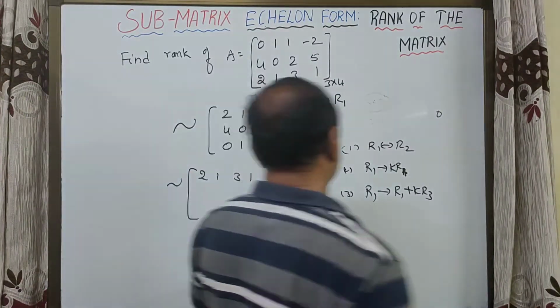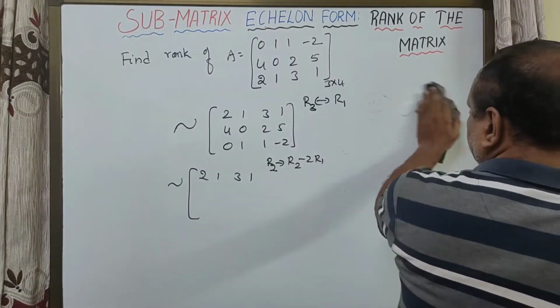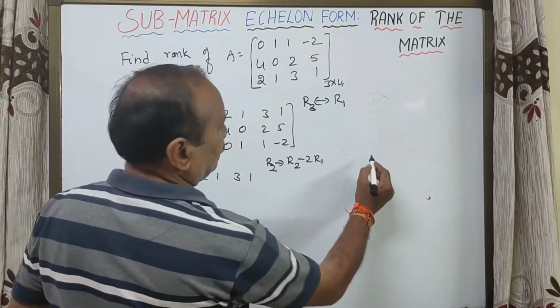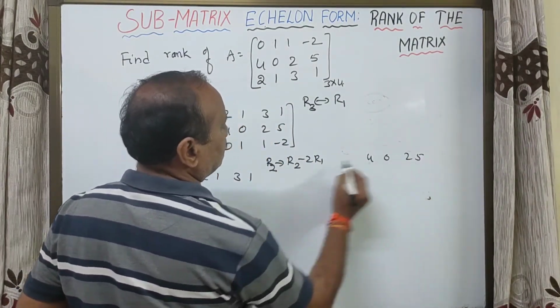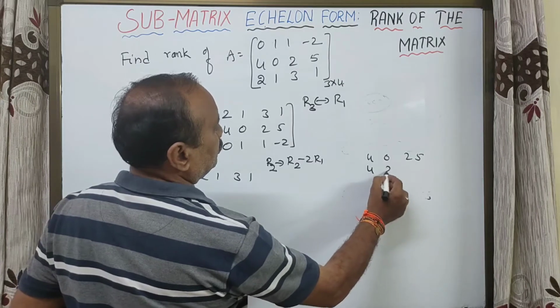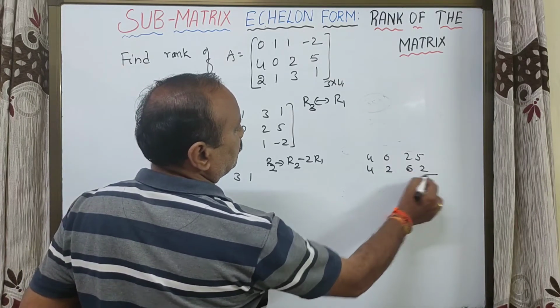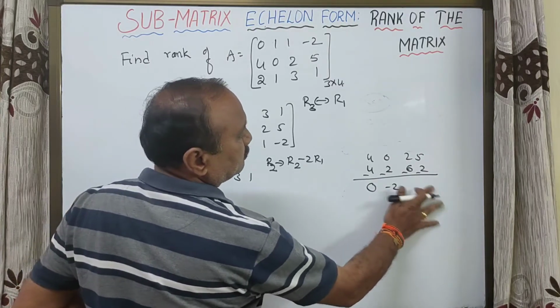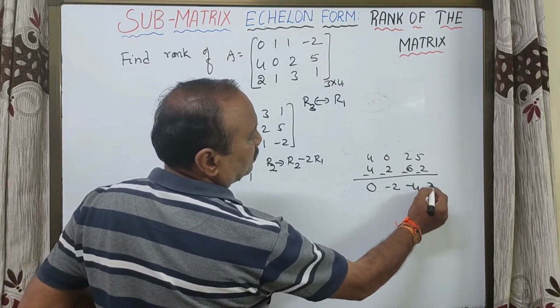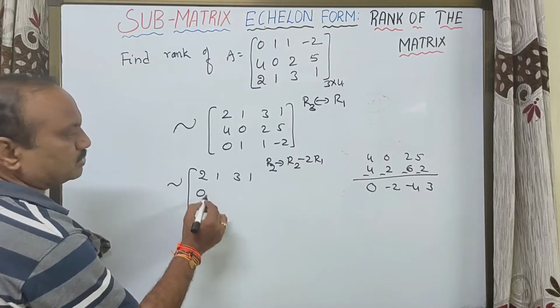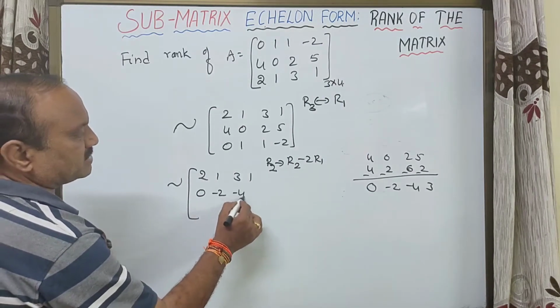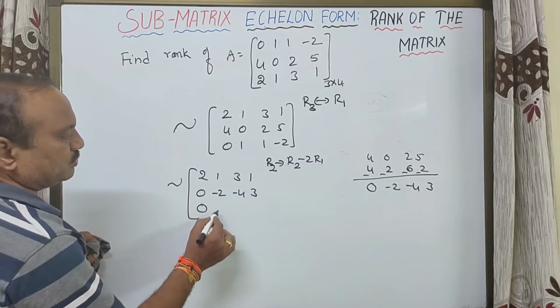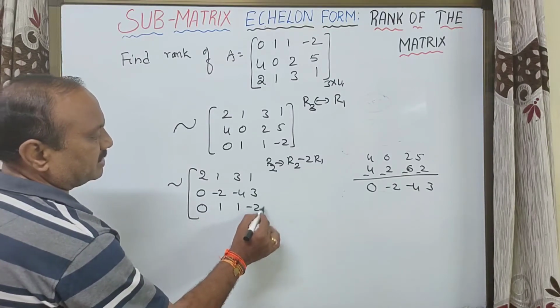Students, R2 minus 2 R1, write it here. 4 0 2 5, 2 R1 is 4 2 6 2. We have to subtract: 0 minus 2 minus 4 3, 0 minus 2 minus 4 3, 0 1 1 minus 2.